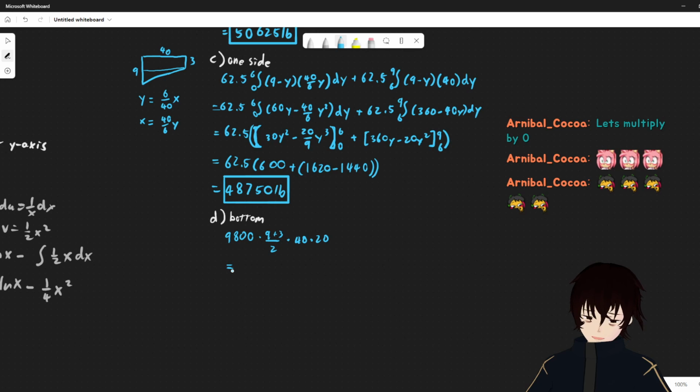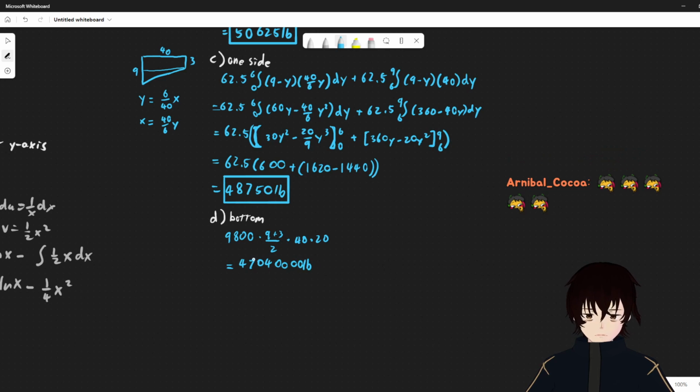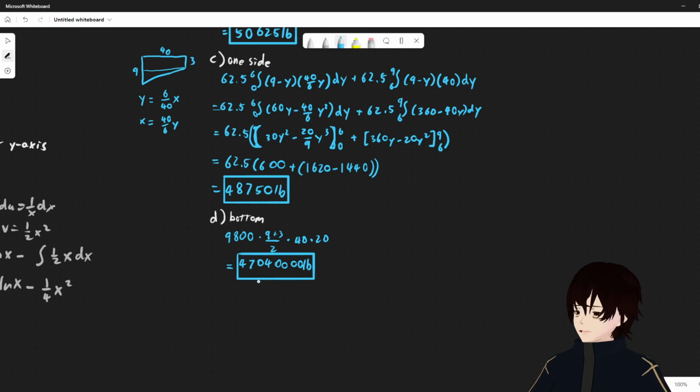I have not been writing down any kind of units. That's going to be equal to pounds of water. That's how much water is in a swimming pool. Is that right? No, seems like the textbook doesn't agree with me. Yeah, the textbook's not agreeing with me.